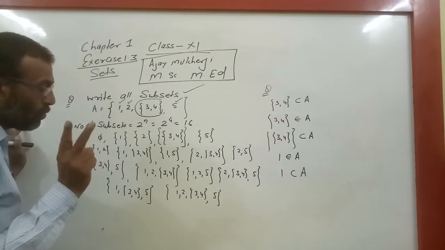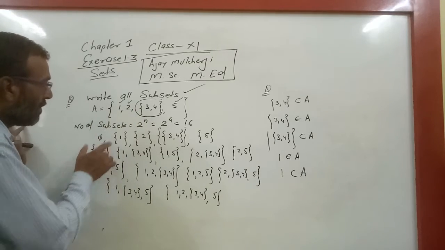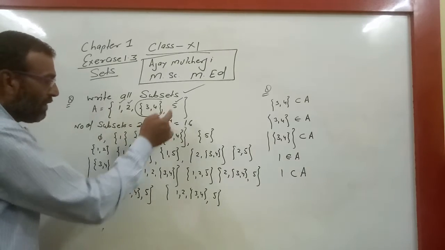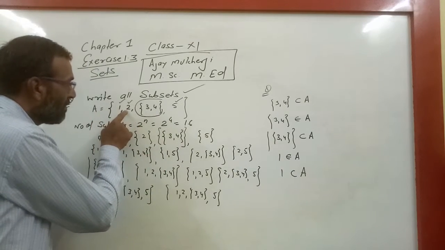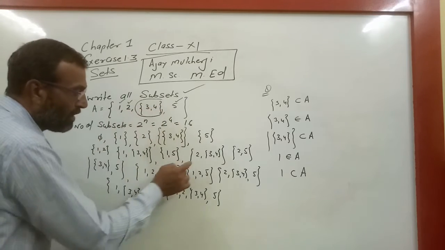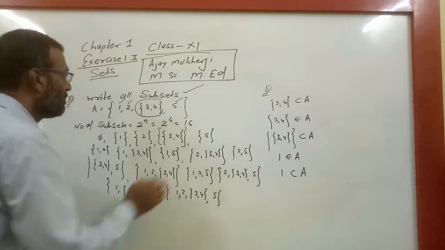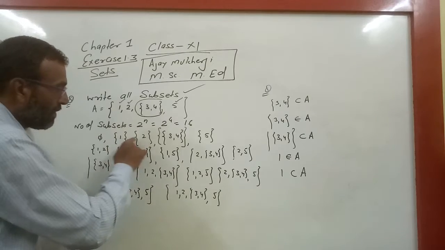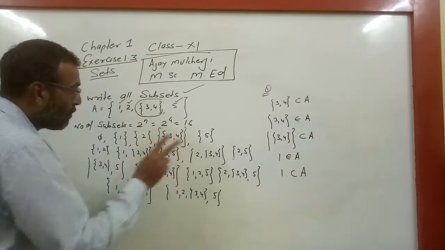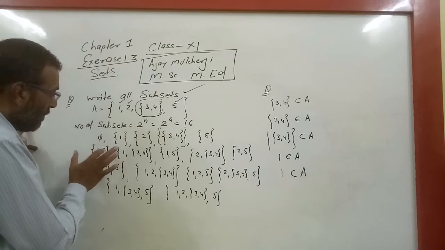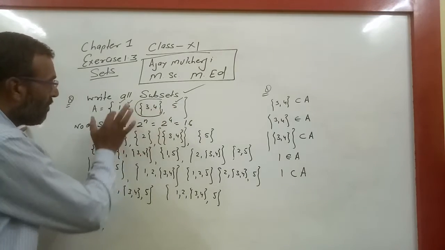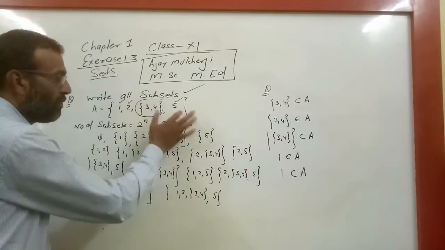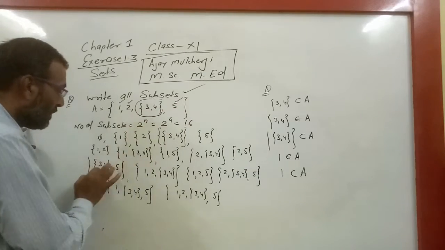Now we take two elements together: {1, 2}, {1, {3, 4}}, {1, 5}, then {2, {3, 4}}, {2, 5}, and lastly {{3, 4}, 5}. First we take single elements, and in the second case two elements together.